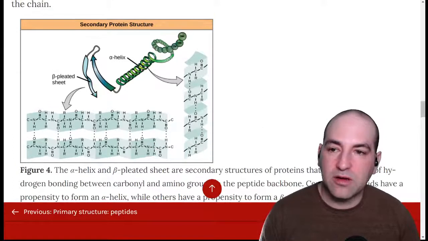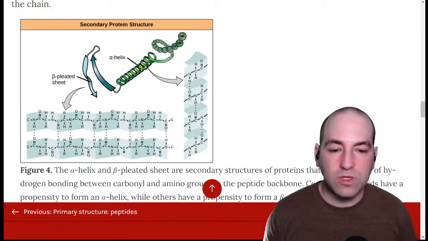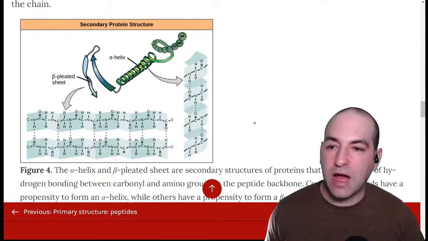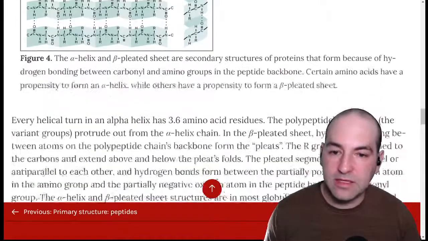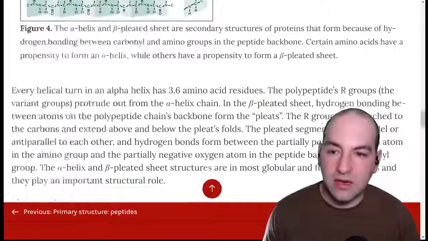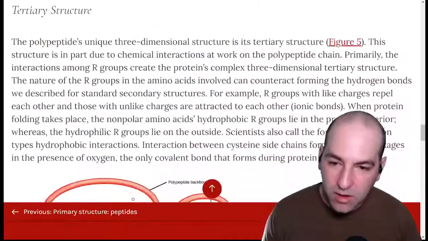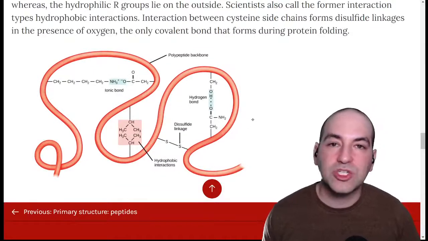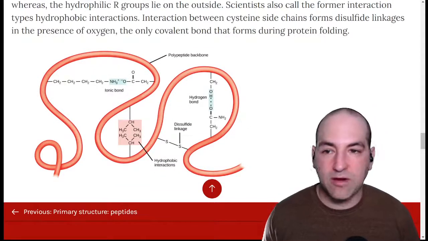So as we're zooming out, we're no longer focusing on which amino acid is connected to which. We're thinking more about what the structure looks like if we zoom out more. And that's the secondary structure. Then, if we zoom out even more, we can think about how these various helices and sheets are all organized together.